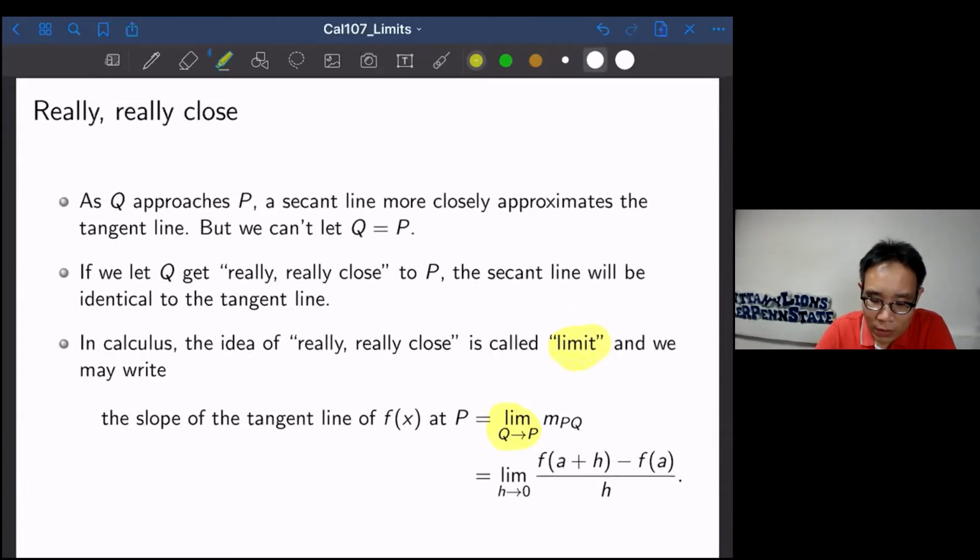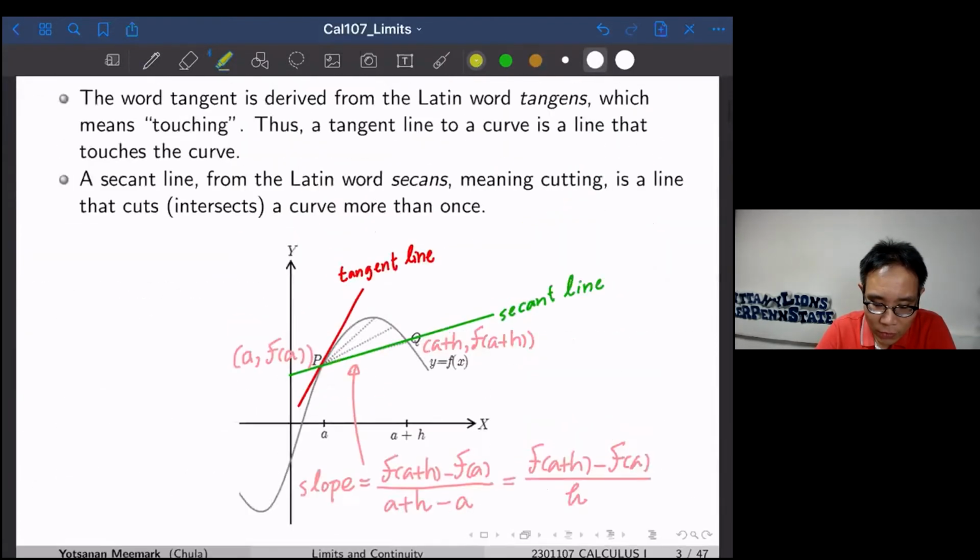And in order to let Q get really close to P, we're going to have h, and h here will be the distance between these two points.